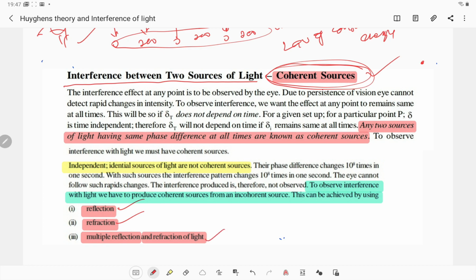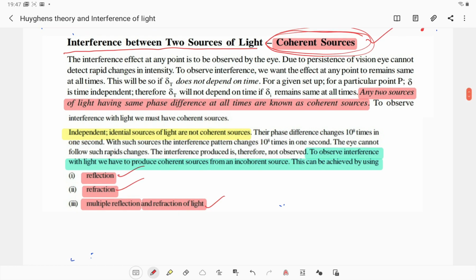Interference can take place only due to coherent sources, not incoherent sources.